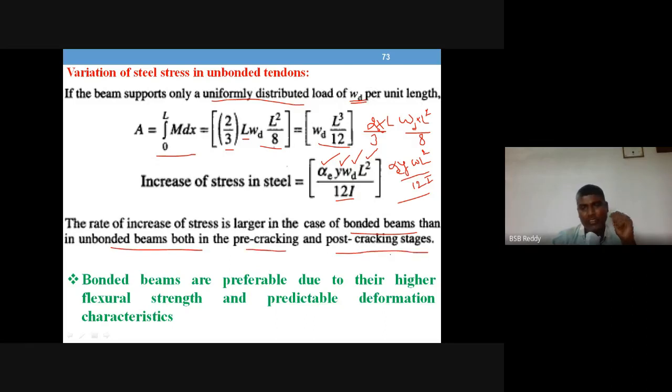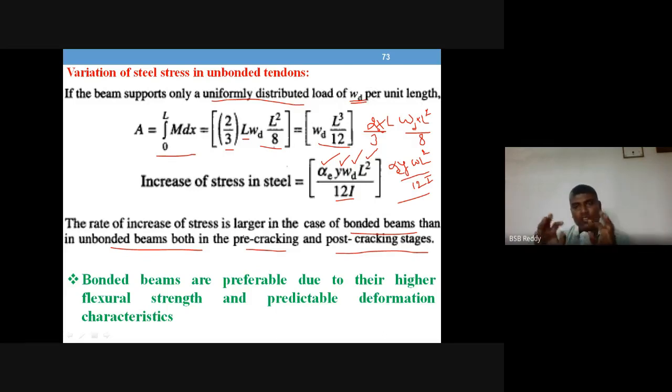The rate of increase of stress is larger in case of bonded beams than unbonded beams, both in pre-cracking and post-cracking stages. This will be seen upon viewing the research results presentation. We have a diagram where we can see how the bonded and unbonded beams behave when you load them. Once you load it, the member takes the load, and as you go on increasing the load, cracking starts.